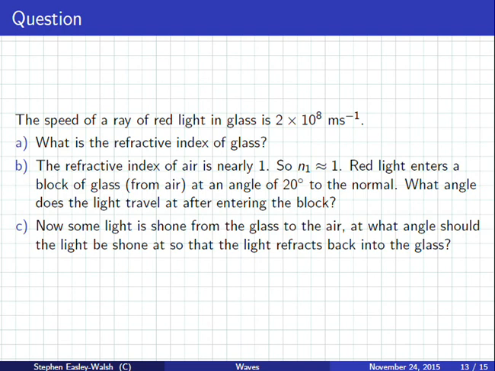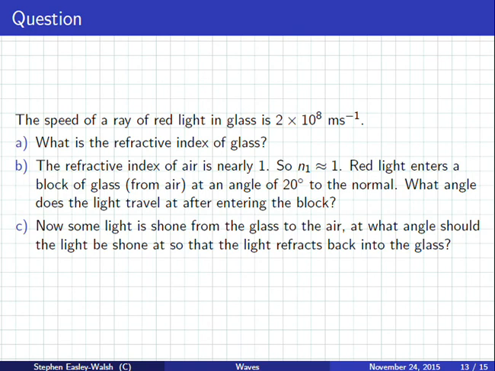So for example, if you have air, which is like N equals 1.0001, and if you have water, which N equals 1.3, you can only do this if you put this one first and this one second. The N1 must be bigger than N2. So you can calculate the critical angle for water to air, but you can't do air to water. So in other words, you can only have the critical angle if N1 is bigger than N2.